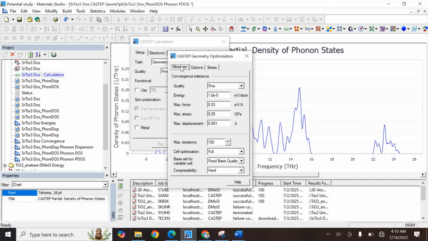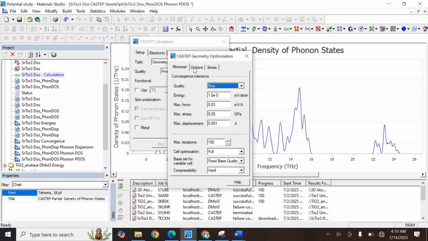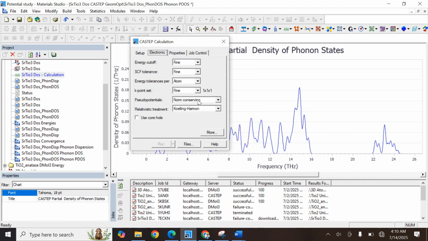The most important thing is that I used norm-conserving pseudopotentials, which are preferred for phonon calculation.